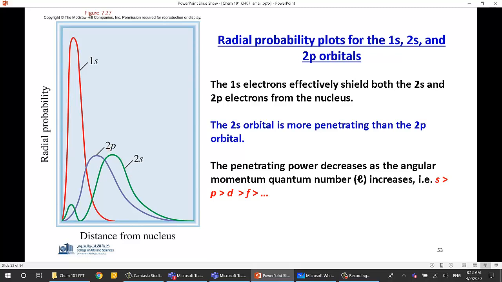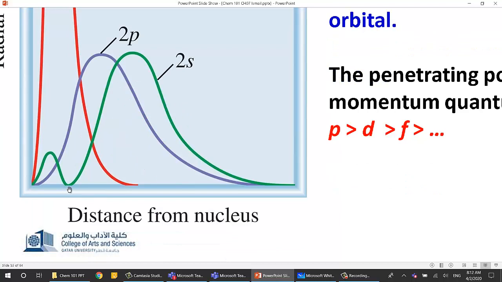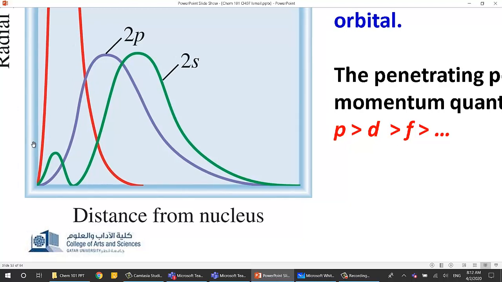But watch here, the 2s. If you look at this area here, I'm going to zoom in. Just 1 second, please. For the third electron, now it has an option either to go into a 2s, which is the green line, or the 2p, which is the blue line. And clearly, at distances close to the nucleus, the probability of the 2s is higher than 2p.